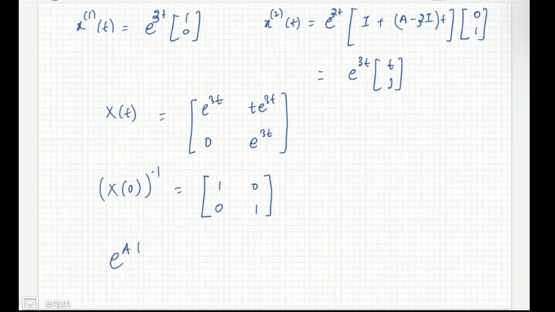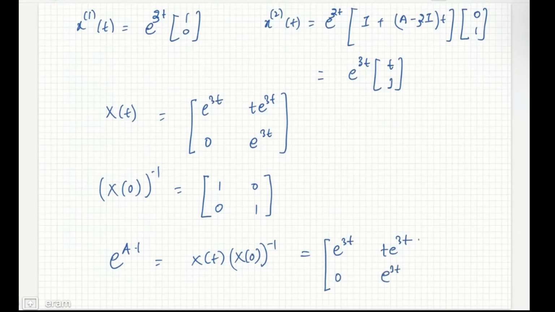And then e to the power At will be x(t) x(0) inverse. This will give you the matrix e to the power 3t, t e to the power 3t, 0, and e to the power 3t, the same as x(t).